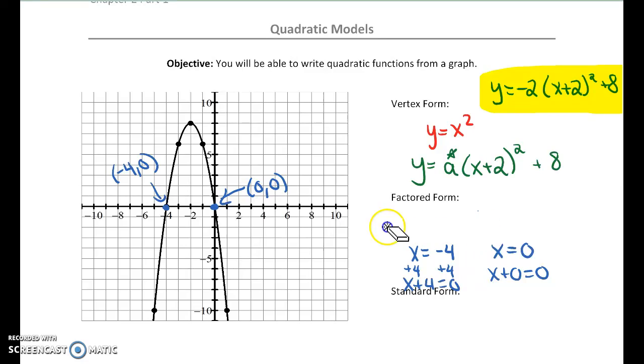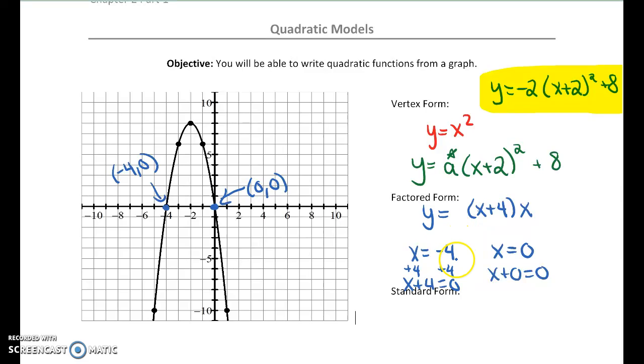So what our factored form looks like is what we would have before we actually solve for our x-intercepts or our x values. So it'd be y equals x plus 4 times x plus 0, or you can just say x plus 4 times x. Okay, so if you went back and used the zero product property now, you'd say x plus 4 equals 0, and you'd get negative 4.